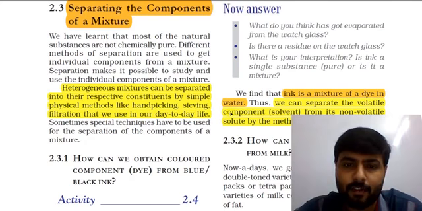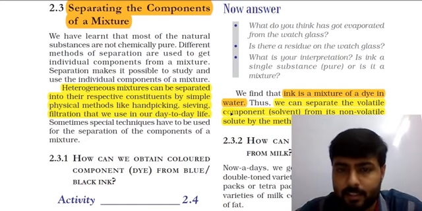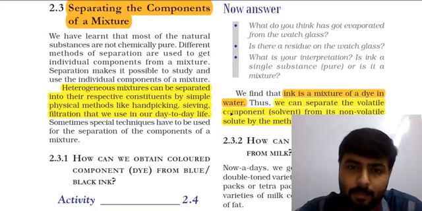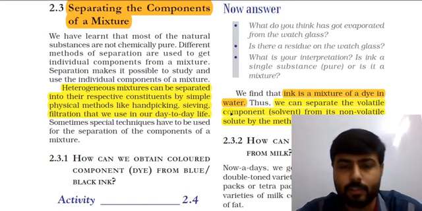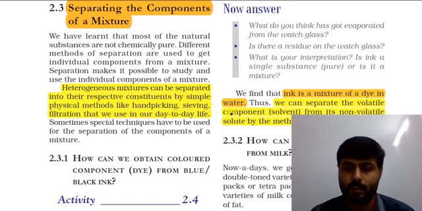What are the different kinds of mixtures, their properties, their comparison? For example, solution, suspension, and colloidal solution. Now we will see how to separate this mixture by different techniques. Separating the components of mixture, topic number 2.3.